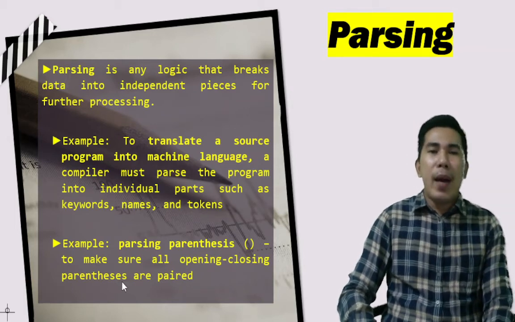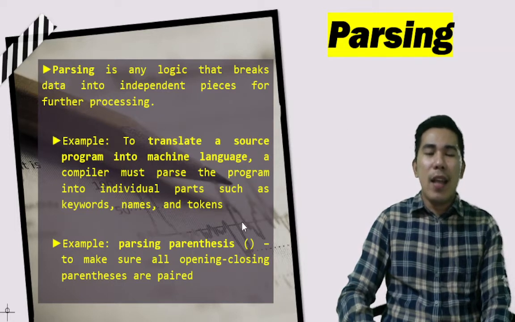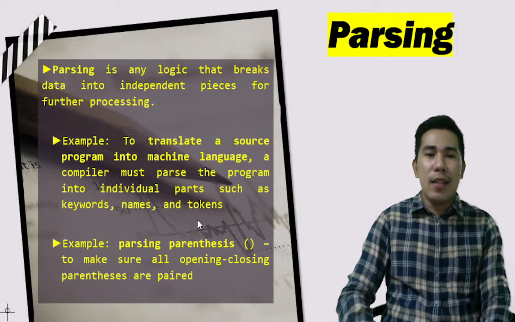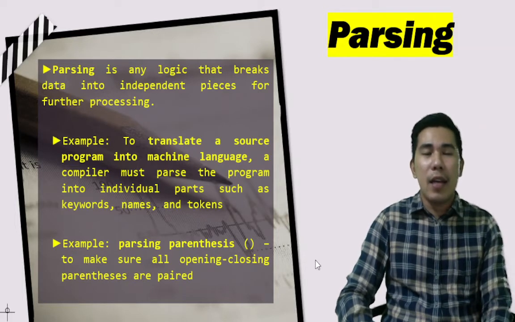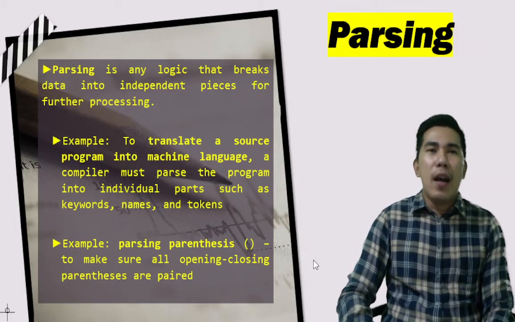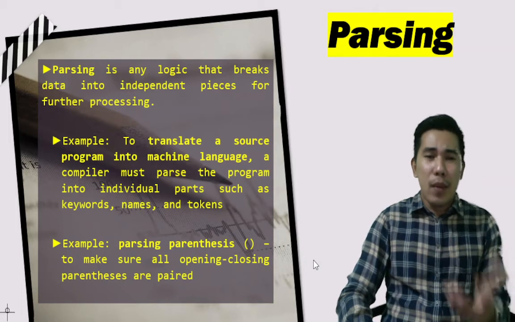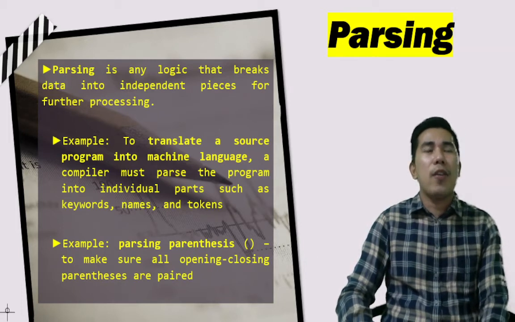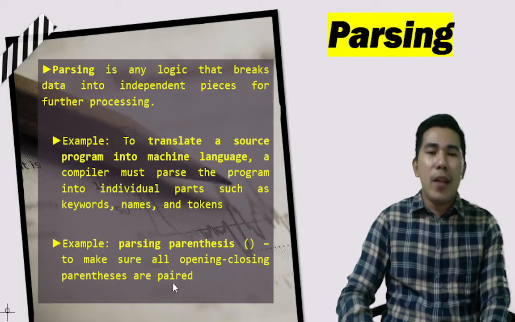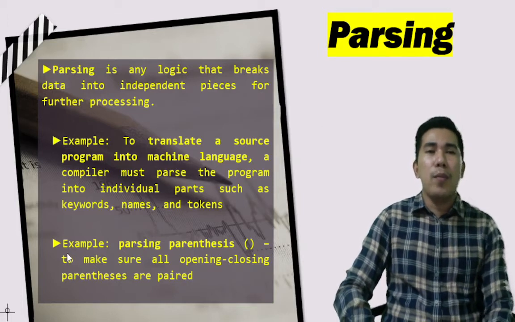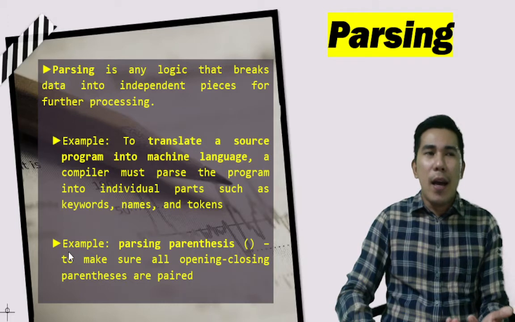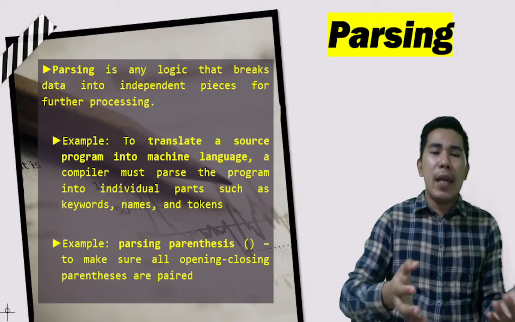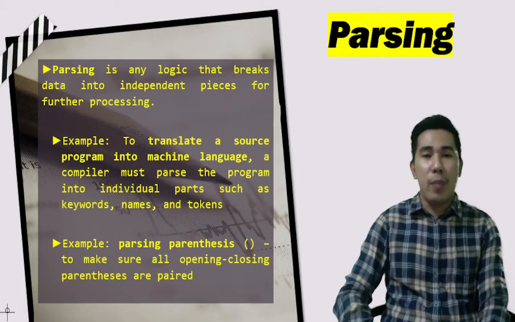And then by parsing, it has to be read as a token, per character in it. Aside from reading each character in that particular data, the parsing is also comparing or making sure that all opening and closing parentheses are actually paired.